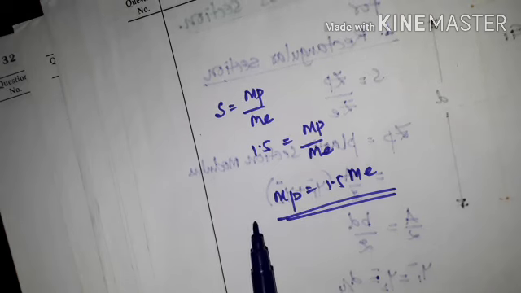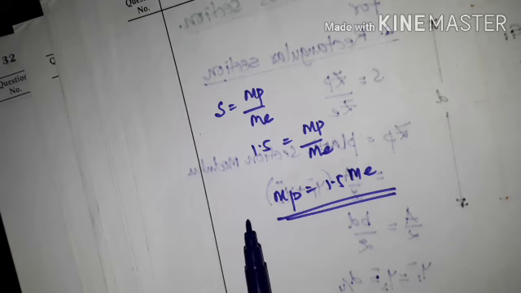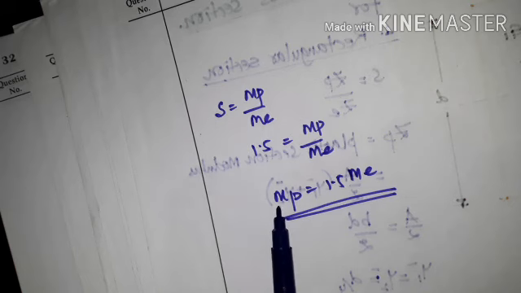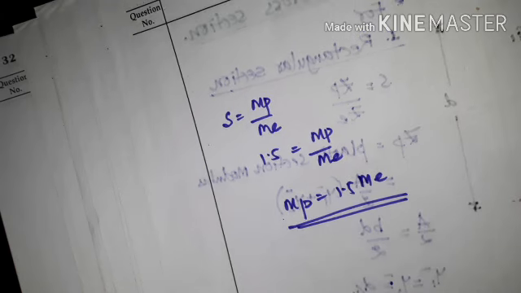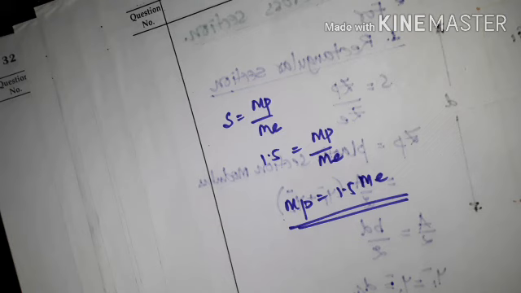So the plastic moment capacity is 50% more than the elastic moment capacity. So here we can say, by adopting plastic analysis or plastic theory, we can develop moment capacity 50% more than elastic theory.